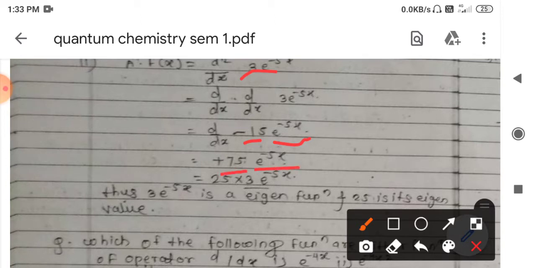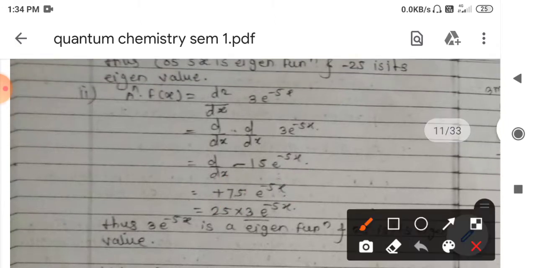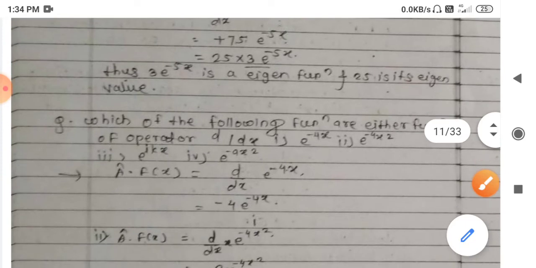Here, 75 is a constant and the function is e raised to minus 5x, so we might say the eigenvalue is 75, but the given function is different. The given function was 3 into e raised to minus 5x, so we have to convert this into 25 into 3 into e raised to minus 5x, multiplied by some constant. We have to convert to the given function as it is, and only then can we say that the obtained value is the eigenvalue of the given function. So the eigenvalue for this function is 25 and not 75.